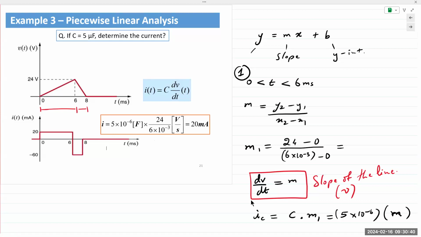You solve that and you obtain a value of 20 milliamps. 20 milliamps. Take a look at the calculation. Let me know if you have any questions or if it doesn't make sense. Any questions? Easy enough? Hopefully.